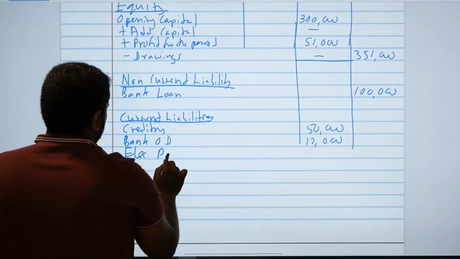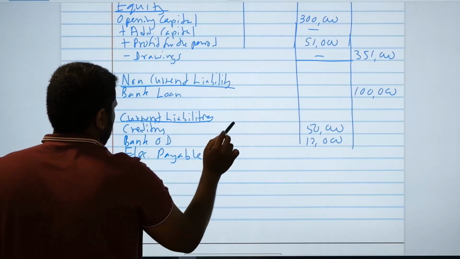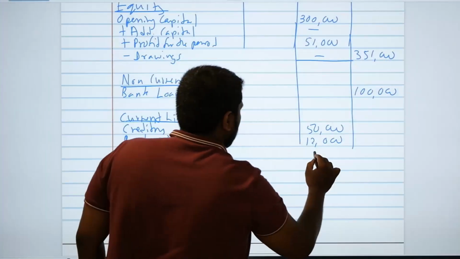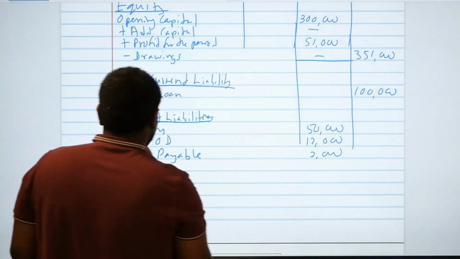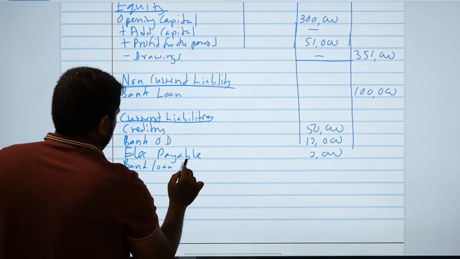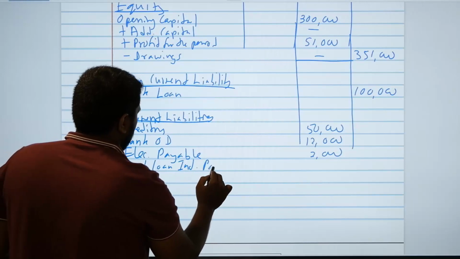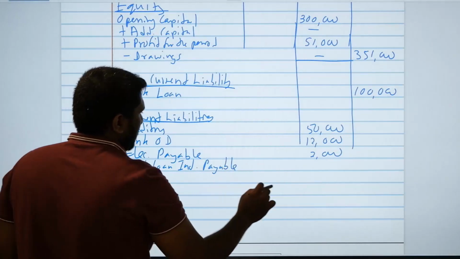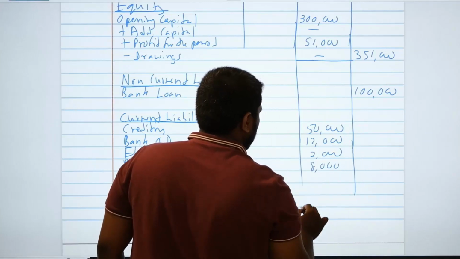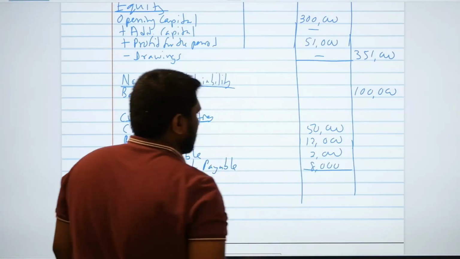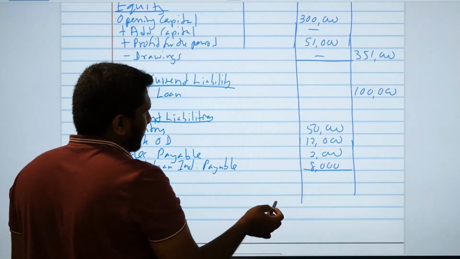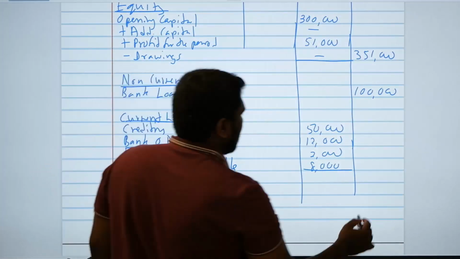Electricity payable 2,000, bank loan interest payable 8,000. So here what's the value that we are getting? Total current liabilities 72,000.